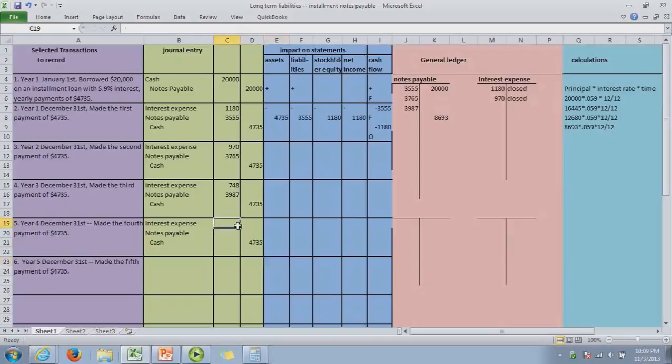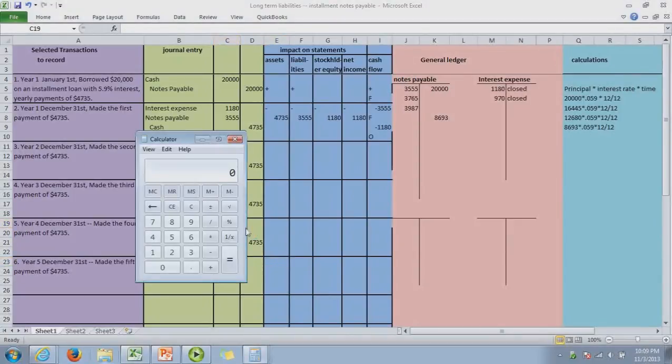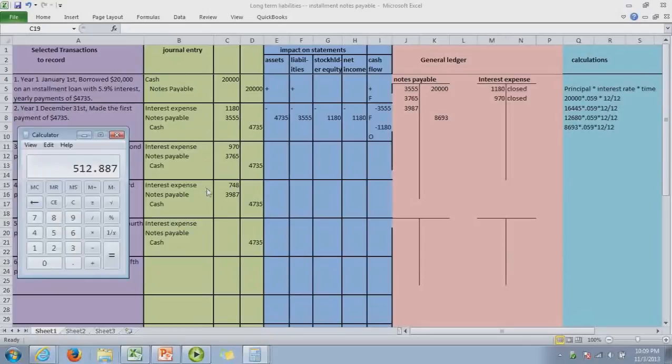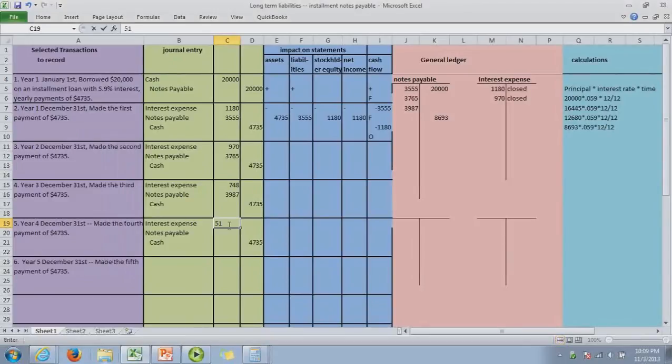And we're trying to figure out the interest expense. So if we do the calculator, 8693 times 0.059, 512. I'm going to round it to 513. That's pretty close. So the interest expense is 513.